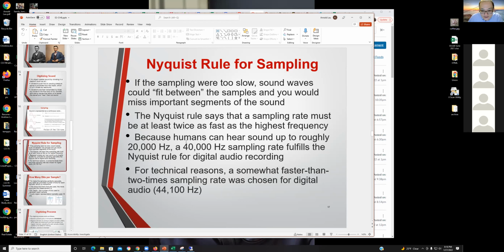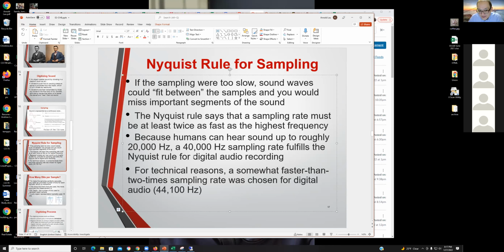And the Nyquist rule says that you want to sample twice as fast as what humans can hear up to. So humans can actually, I stand corrected, hear anywhere from 20 hertz on the low end to 20,000 hertz on the high end. So you want to sample 40,000 times because that's 2 times the maximum, 2 times 20,000. Okay.